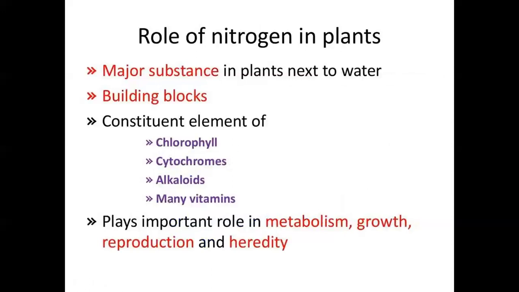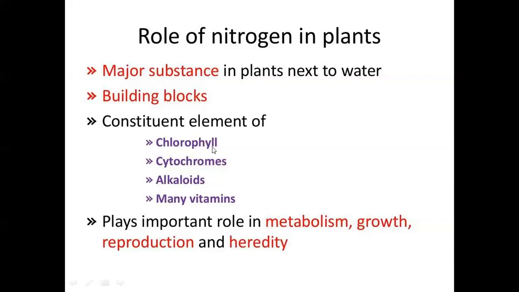The major role in plants: nitrogen is the major substance in plants next to water. It is considered the second most important molecule for plants. It is also called a building block because it helps to develop DNA, RNA, and amino acids, which was already discussed in the previous slides. The constituent elements are chlorophyll, cytochrome, and alkaloids.